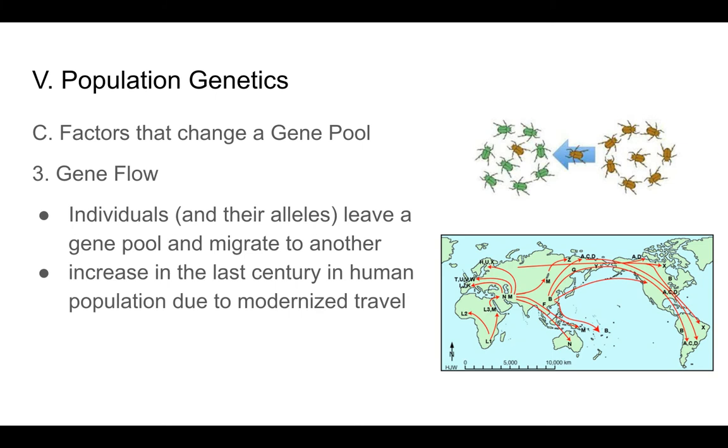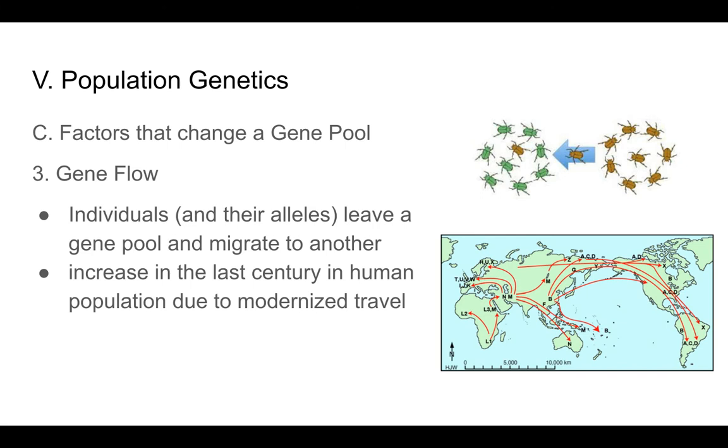Now, for humans, gene flow has increased in the last century significantly because of modern day travel. And so we can very easily pick up and move and sit down our roots in a new place, in a new population, and start to interbreed within that new population.